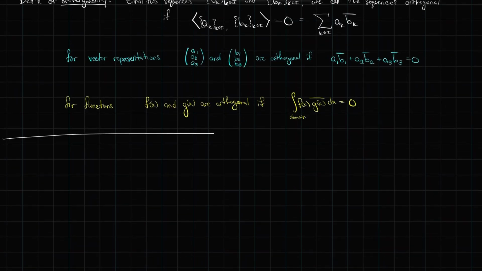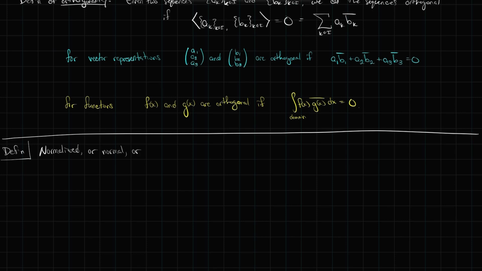I will cover one other definition, and that's the definition of normalized, or normal, or normalization of a vector. So you say, given a vector, or equivalently a sequence, let's just call it V for now, V with a hat, even though it could be a sequence.